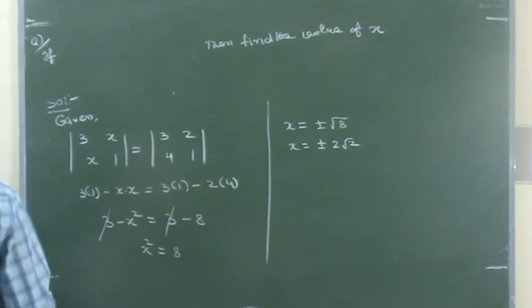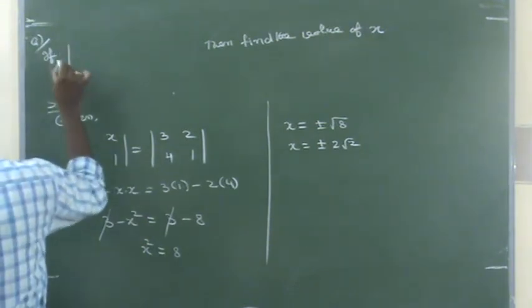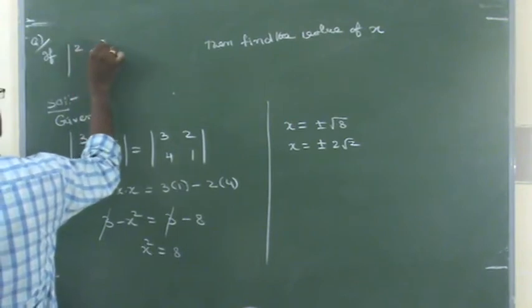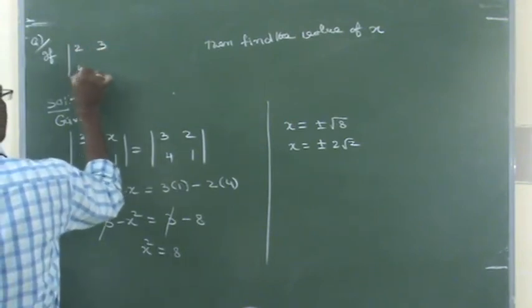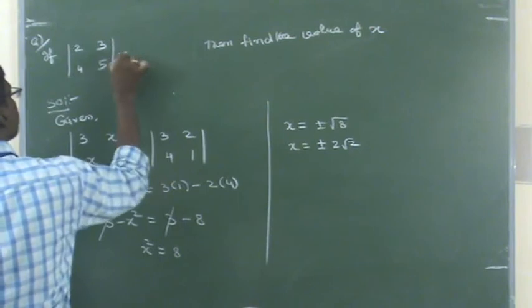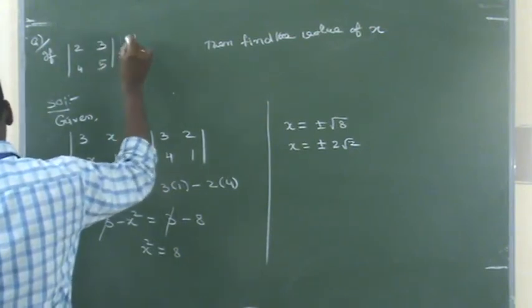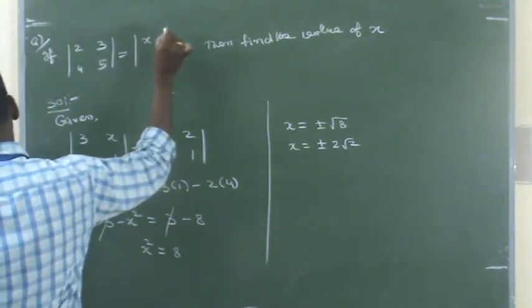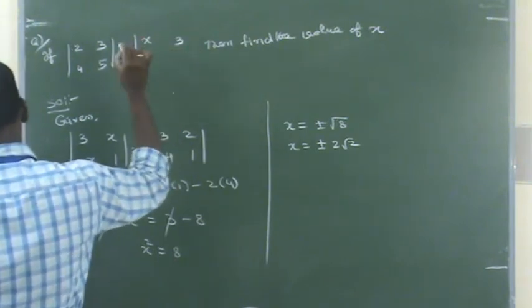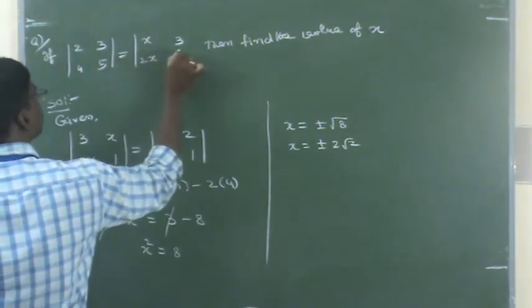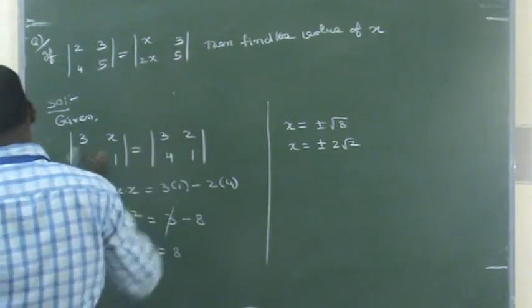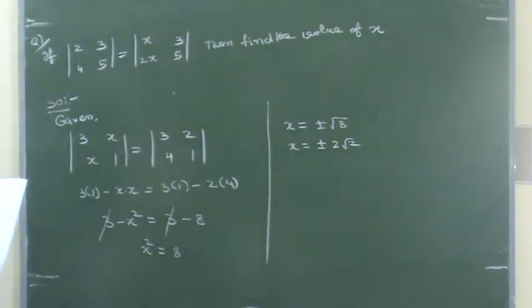Same model question. If determinant of 2, 3, 4, 5 is equal to determinant of x, 3, 2x, 5, then find the value of x.